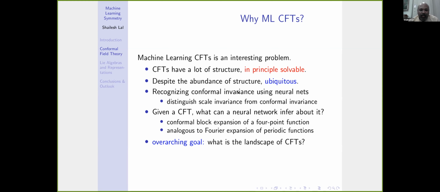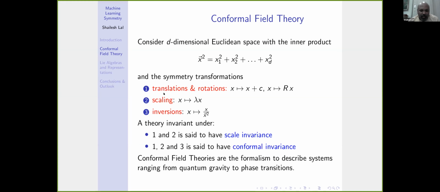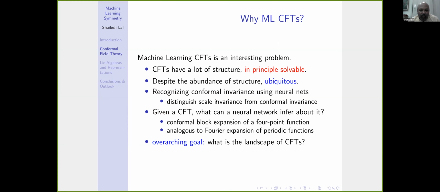In principle, CFTs could be regarded as being as close to something solvable as we could have. And despite this bizarre symmetry, they're actually ubiquitous because if you're studying quantum gravity or if you're studying water boiling, you would have to deal with the CFT.